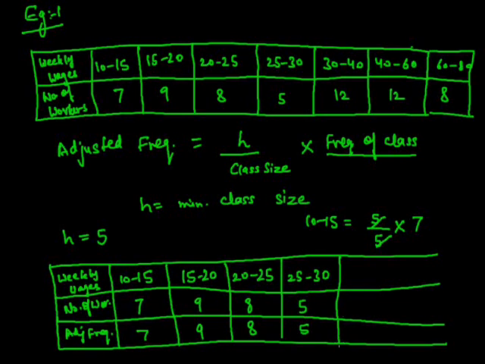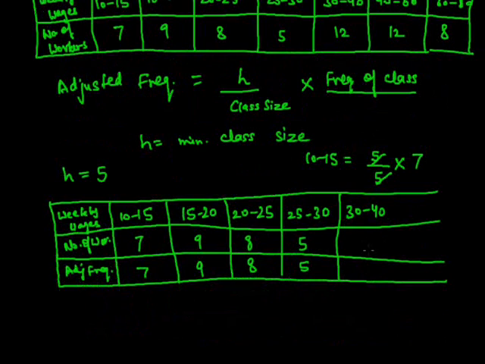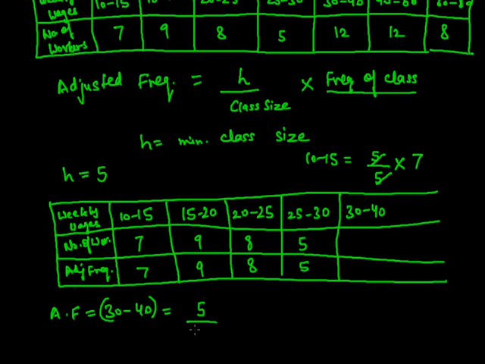Now the next class is 30 to 40. The class size here is different from the minimum class size. So for the class interval 30 to 40, we need to find the adjusted frequency, which is equal to the minimum class size, that is 5, divided by the class size of the particular class, which is 10, multiplied by the frequency of the class.